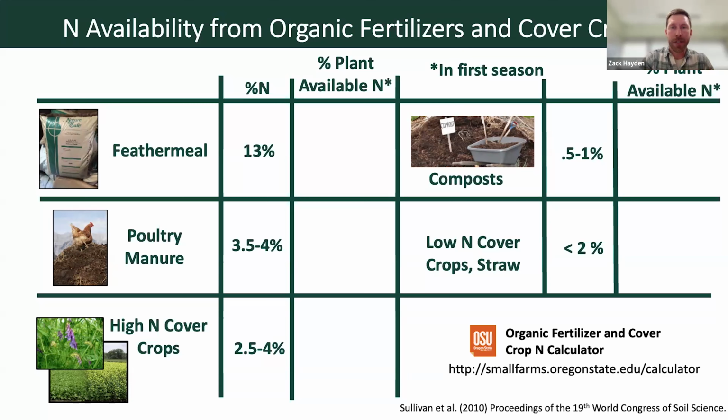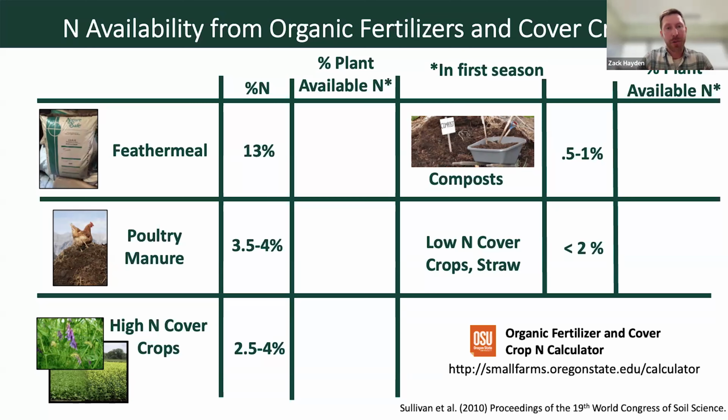Now, if you apply a material that doesn't have a lot of nitrogen in it, they're going to use all that nitrogen to decompose the carbon, and then they might go scavenging for nitrogen from the soil, and you're going to actually reduce the nitrogen availability for a following crop.